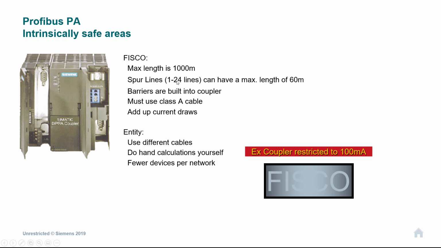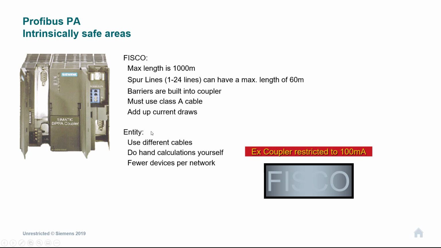Spur lengths 1 to 24. Well, we can't put more than 9 instruments on there, so because of the current draw, those can be no longer than 60 meters, and the maximum length of cable in total, so that's the trunk and your spurs, is 1,000 meters. Okay, we need to use the quality cable on this, which is always blue.